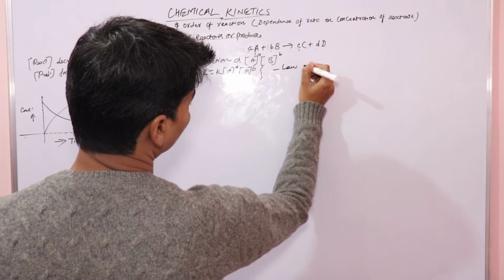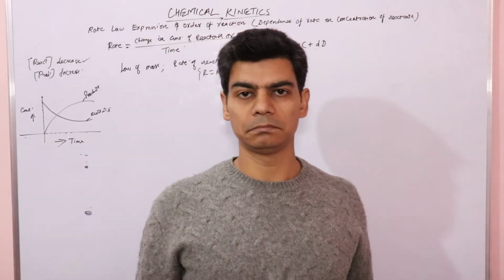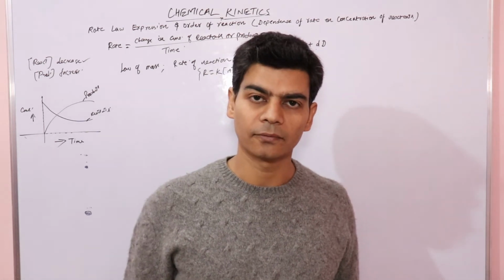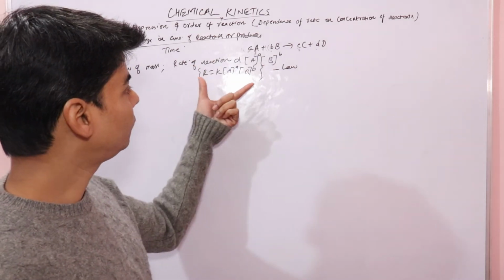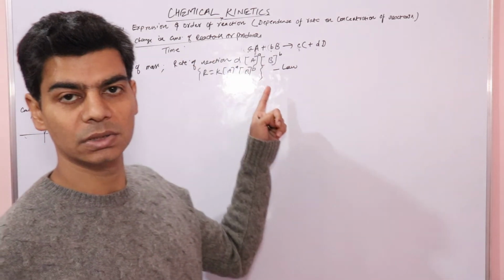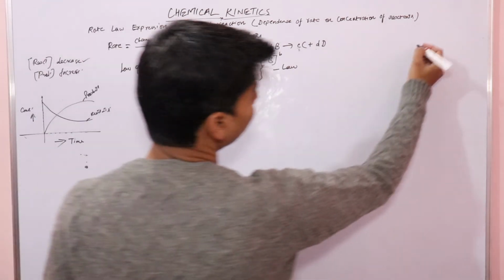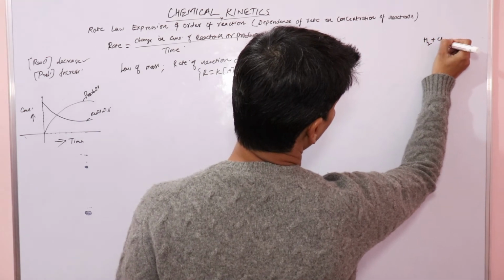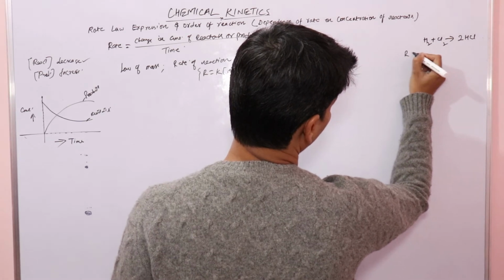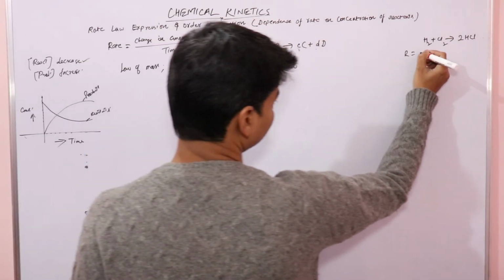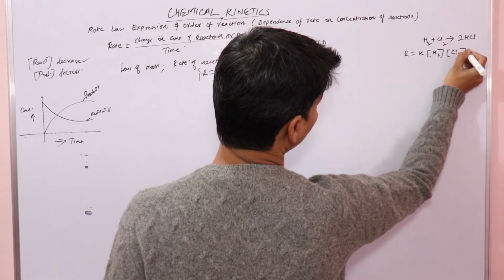This is the law, and whatever chemical equation you have, if you write the rate law expression, you have to write it strictly based on this equation. For example, if I have a reaction, say hydrogen plus chlorine gives 2HCl, then the rate would be equal to k[H2][Cl2].